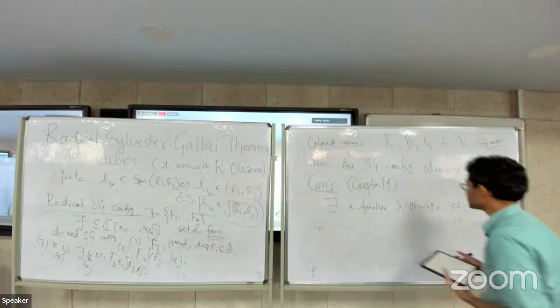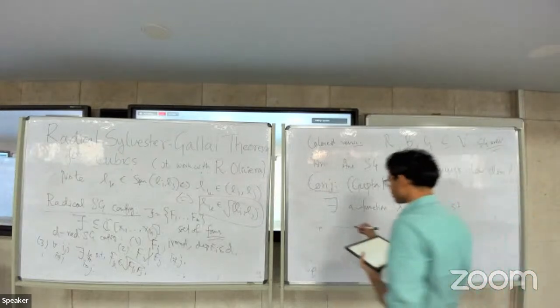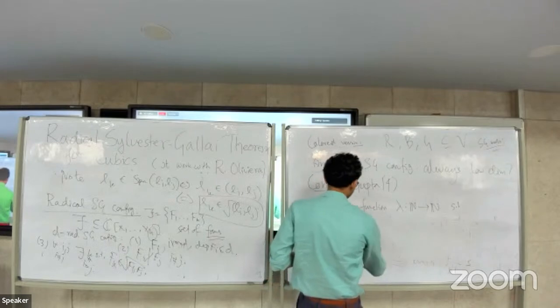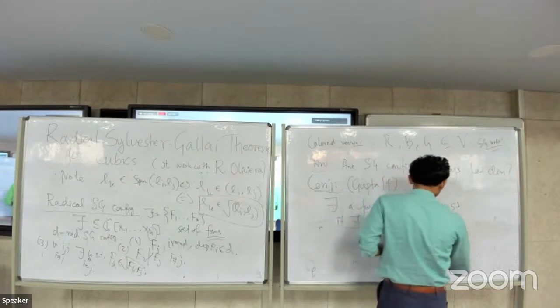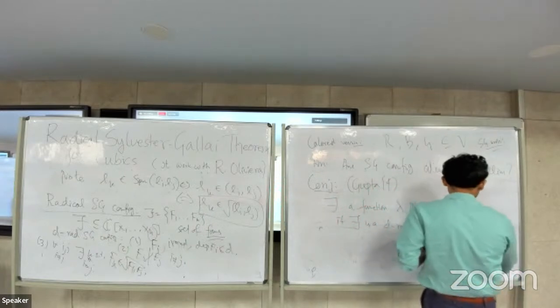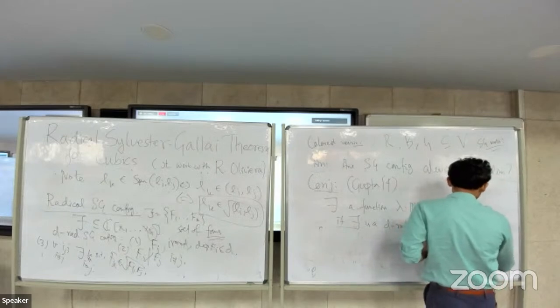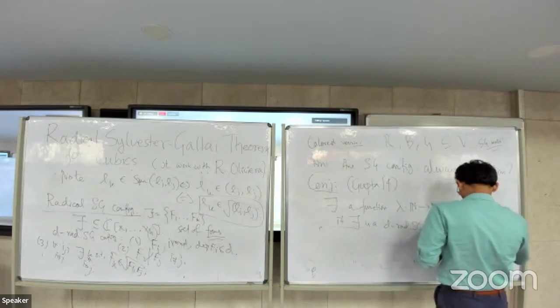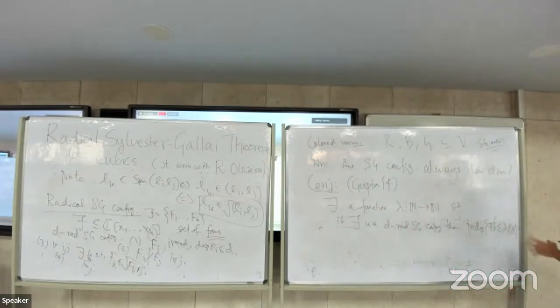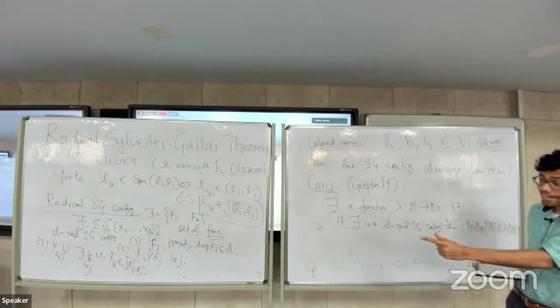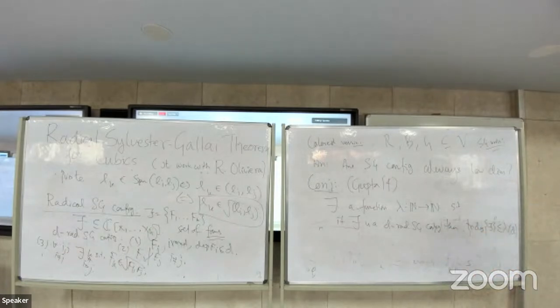Yes, that is the conjecture, that there is a function such that if F is a degree d radical Sylvester-Gallai configuration, then the transcendence degree of all the polynomials in F is less than or equal to lambda(d). So I have a Sylvester-Gallai configuration, and the conjecture is that the transcendence degree should be bounded by a function of just the degree, independent of the number of variables in the polynomial ring we start with.